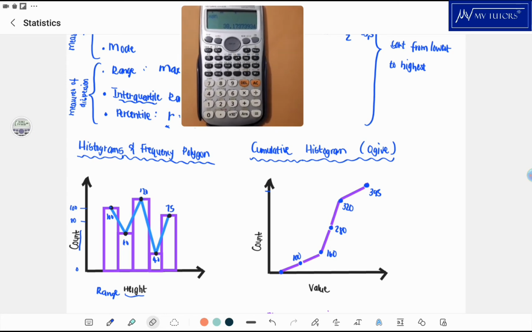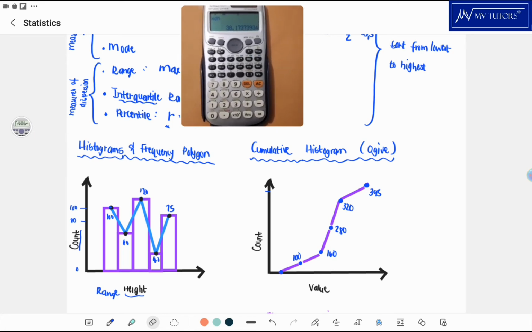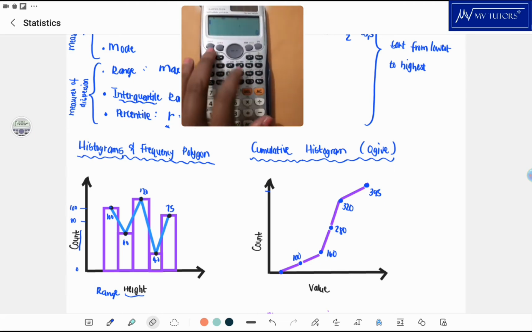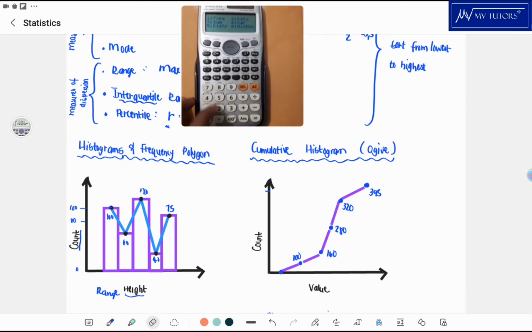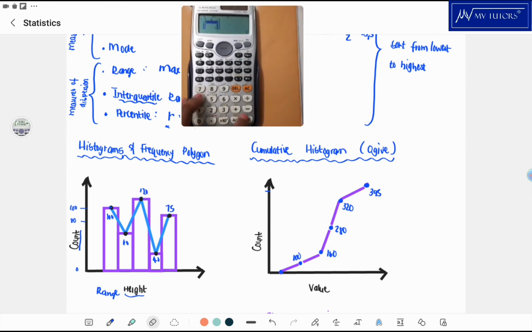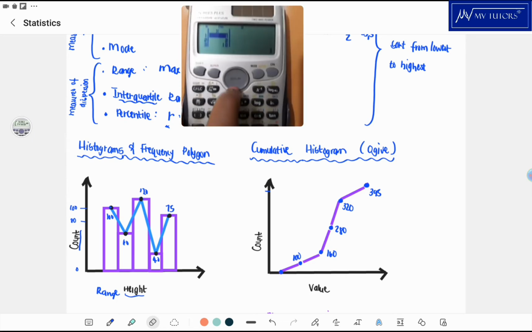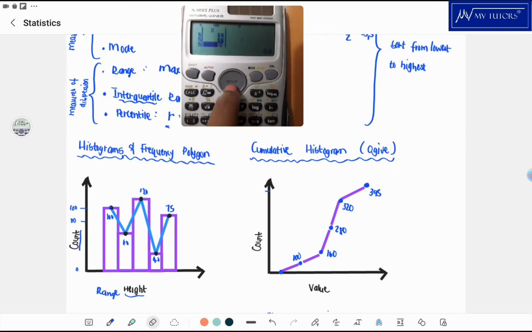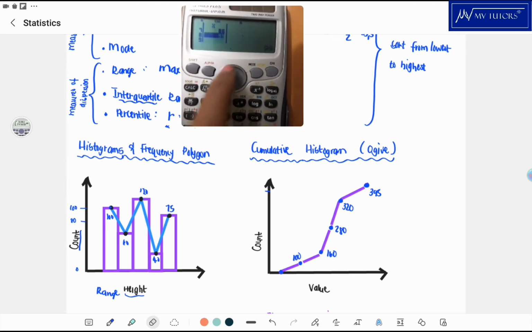If you look at our data set, it is varying quite a lot. Our first value was 1, and our last value was 99, which is 8 data values.